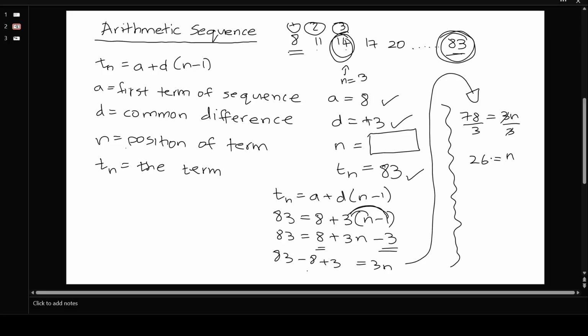What we've just figured out is that 83 is the 26th term of this sequence of numbers. So we know that n equals 26. Now that we have this information, let's go back to the arithmetic series formula.